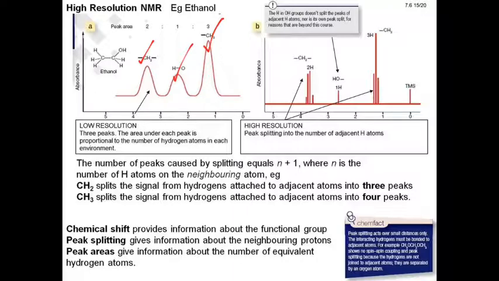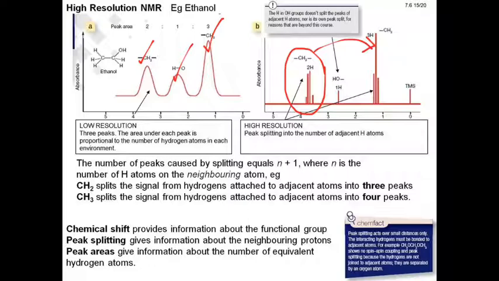Now, if you look further at this, ladies and gentlemen, you will see, watch this. This is the peak of the CH2s. Now that's split into 4, and that tells you that the next-door neighbour must have 3, because those 3 protons had 4 different permutations of spin-ups and spin-downs.